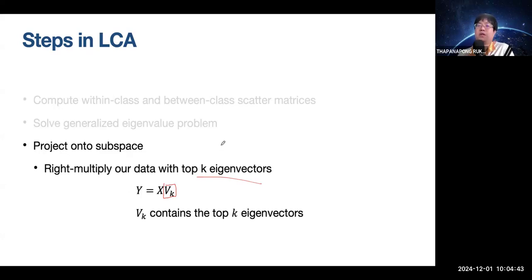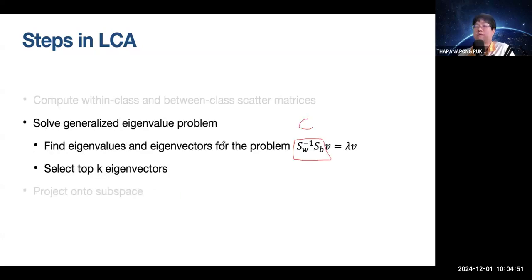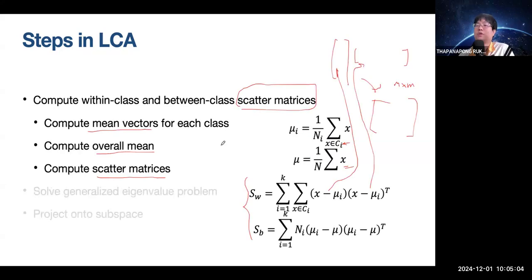So the difference between PCA and LDA is that even though both of them solve the eigenvalue problem, in PCA we do standard scaling, but in LDA, as you can see, we don't do the scaling. The reason is that the scatter matrix already did some kind of scaling by subtracting the mean.